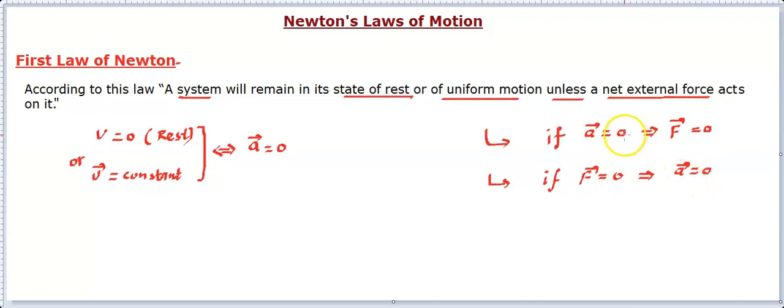Right? So this is the first law of Newton, which basically says acceleration and net force will be simultaneously zero. It also says that if one is non-zero, then the other must be non-zero. That means acceleration and force will be zero simultaneously, and if they are non-zero, it will be true for both of them, right?